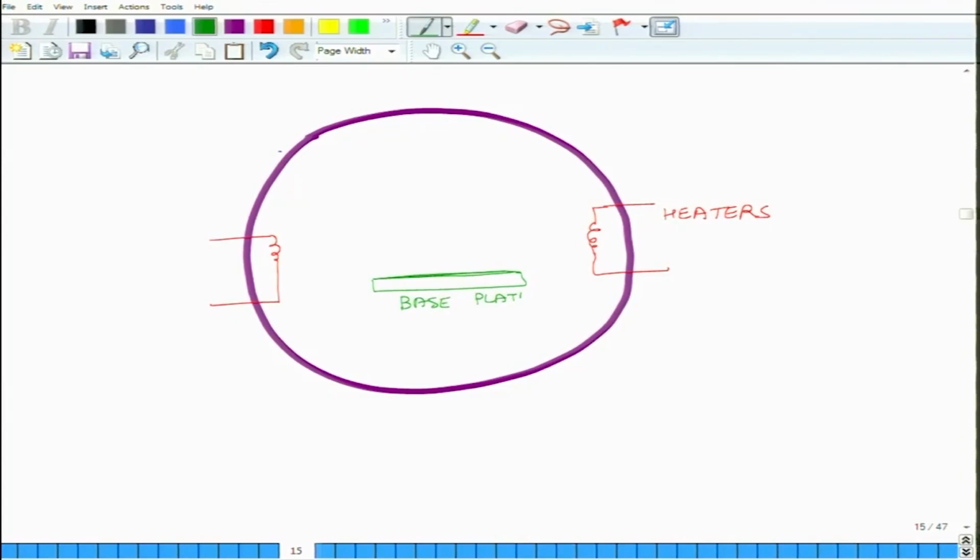Suppose I want to make a rectangular panel of composite. So, I have a base plate, and on top of this I have a vacuum bag. I can connect this vacuum bag to a vacuum pump.